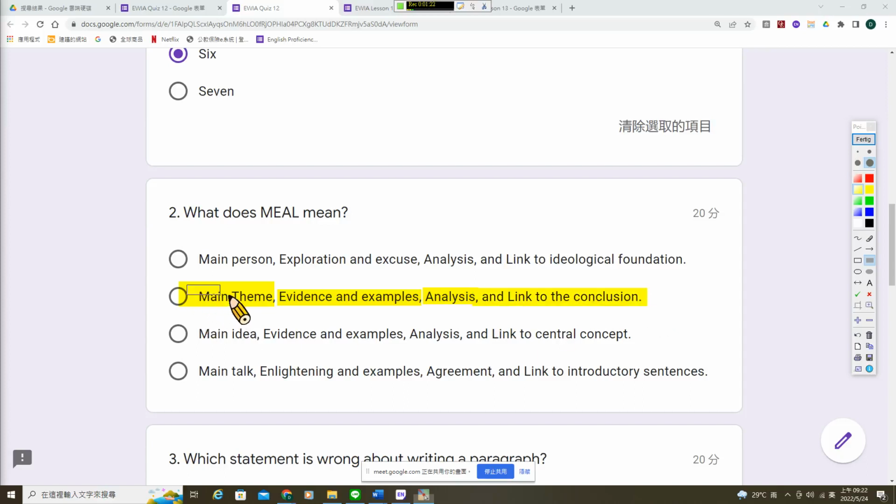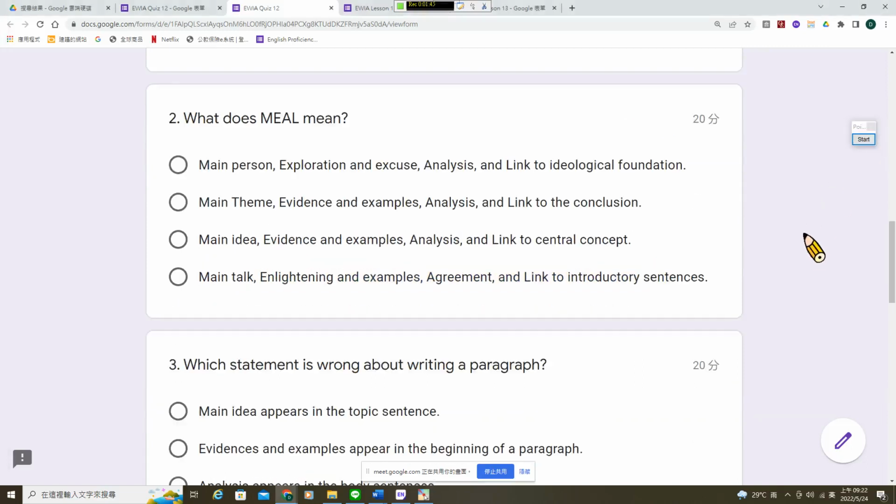So meal plan refers to main idea, evidence and example, analysis, and a link to the conclusion. So it's not something else. It's just about this. Okay, so remember, this process is very similar to the Toulmin model. Later I will tell you with another question.